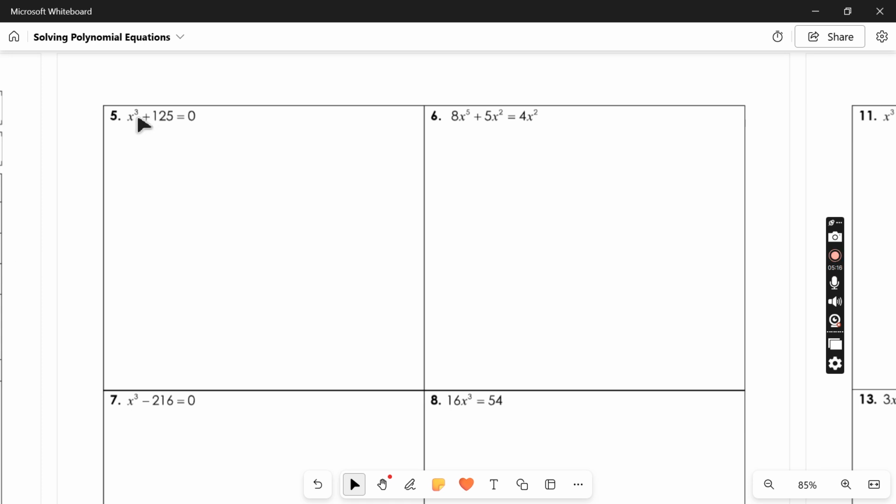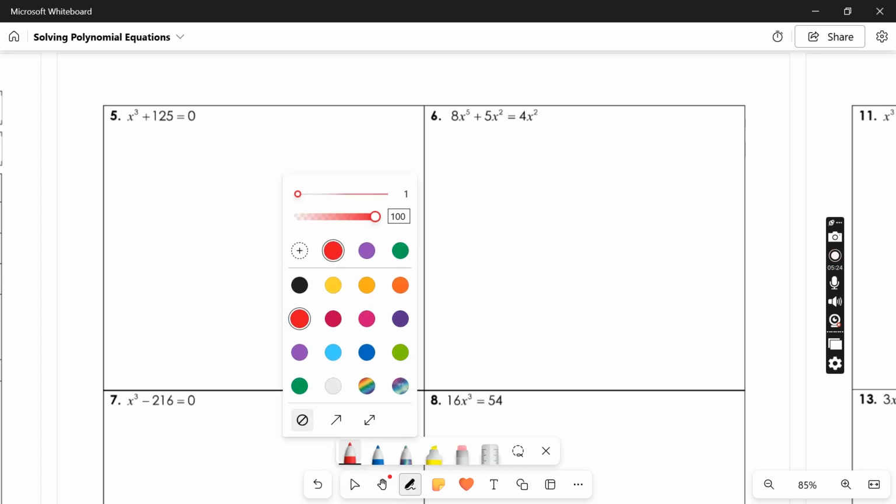I am adding, this is a perfect cube, and this is a perfect cube. So I'm going to take the cube root of each of those. So this will be x plus, and then the cube root of 125 is 5. Then I'm going to follow my formula.